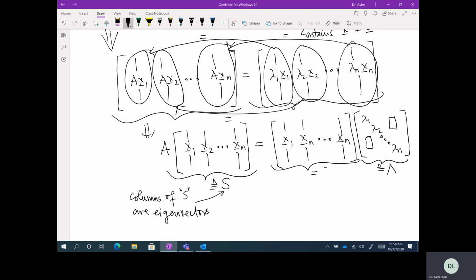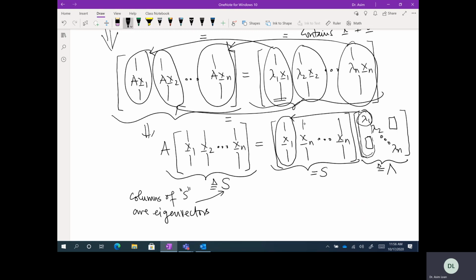This is still S. So if I look at this first column, when it multiplies this whole matrix, this lambda 1 weighs this first column x1, so I have lambda 1 x1. All the other elements in the first column are 0, so there is no effect of the other columns on the summation.